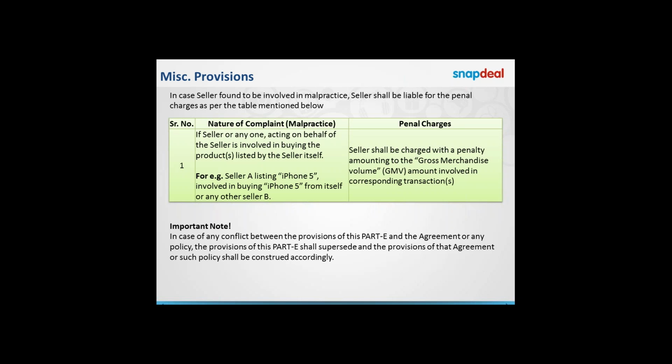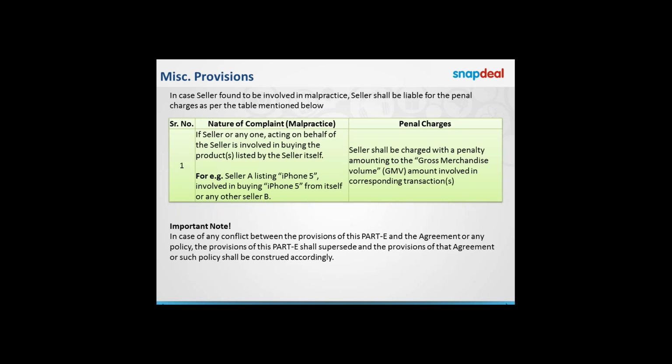For example, I am selling an iPhone 5 and I ask one of my employees to get onto the website and buy 10 iPhone 5s from me or from a competitor, so that we could influence the seller rating positively or negatively. This will be considered a malpractice, and in case this is figured out, there will be a penalty equivalent to the amount totaling up to the gross merchandise volume of all these corresponding transactions.